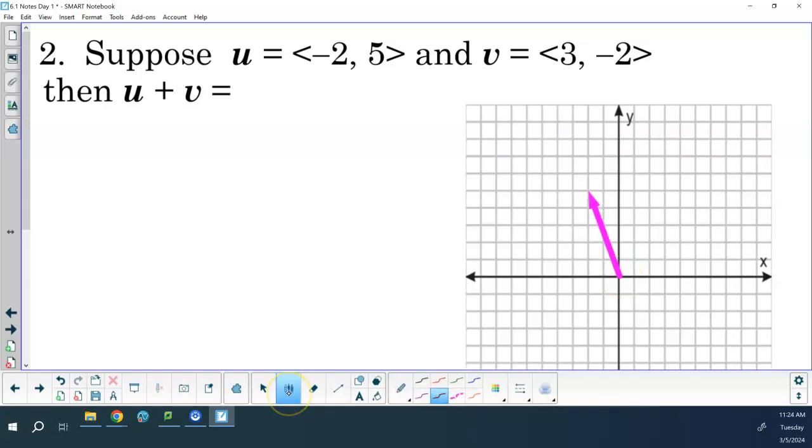We called it v in the last one, but now we're calling it u. Okay? And then we have vector v, which is 3, -2. There's a couple of different ways that you can go about doing this. Okay?